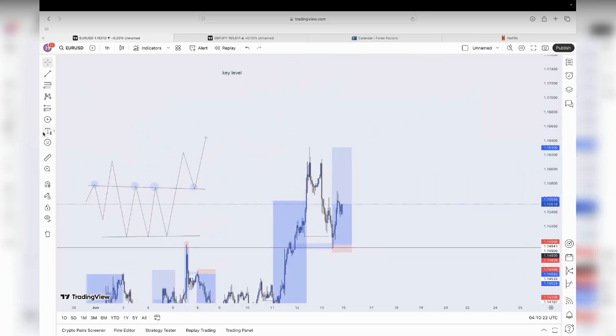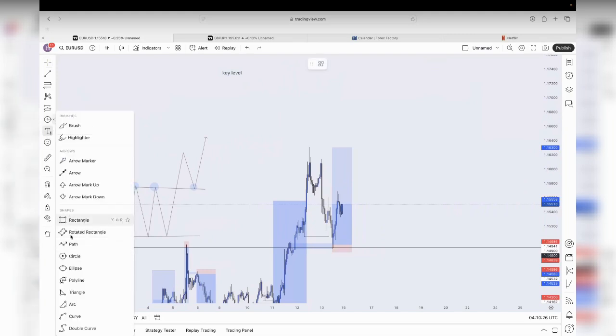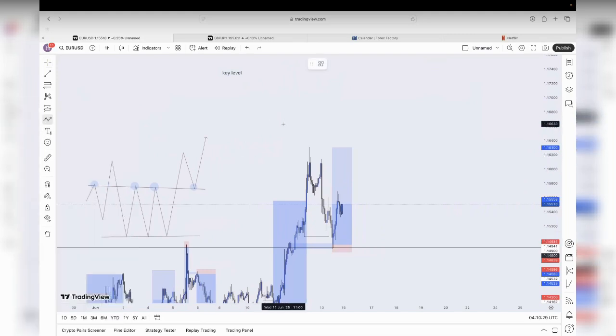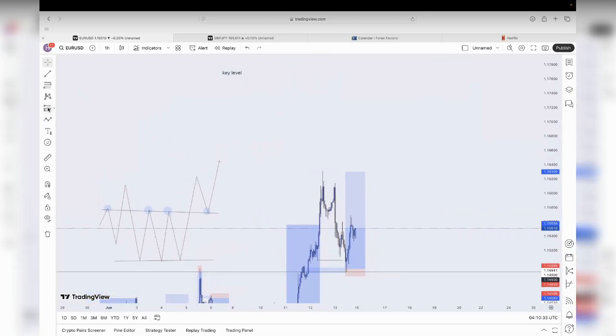So type 2 is something like this. I'm not really good at drawing, please bear with me. So let's say the market does something like this.